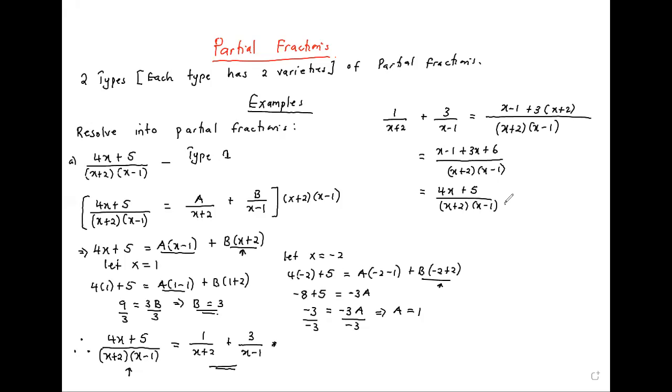An example, B, if I have 3x plus 7 over x squared, x minus 1, x plus 1. We have x squared here, meaning that we have a repetition there.